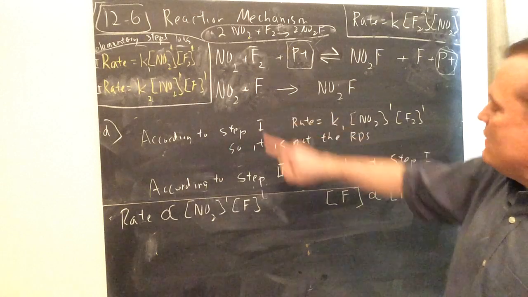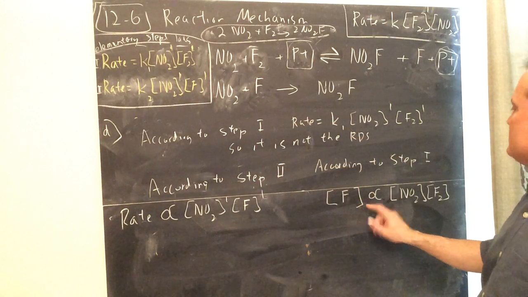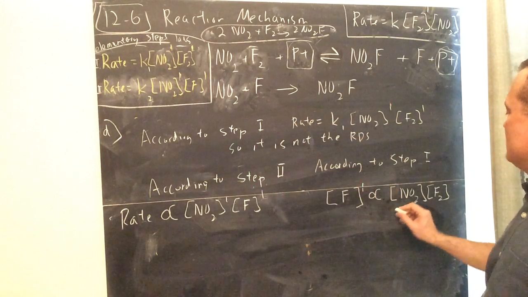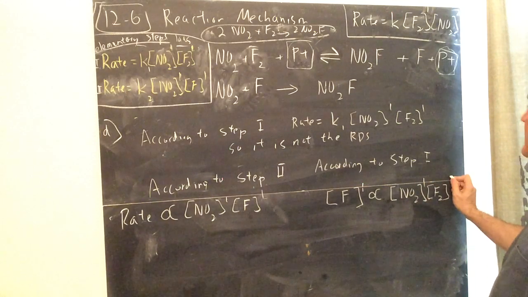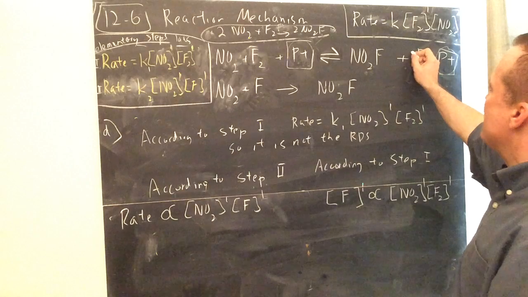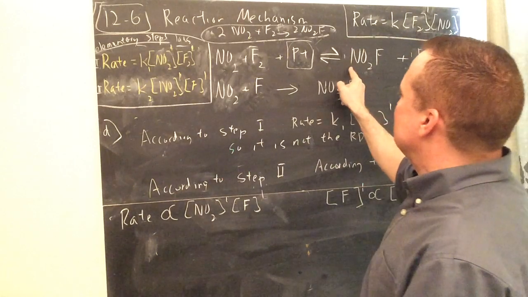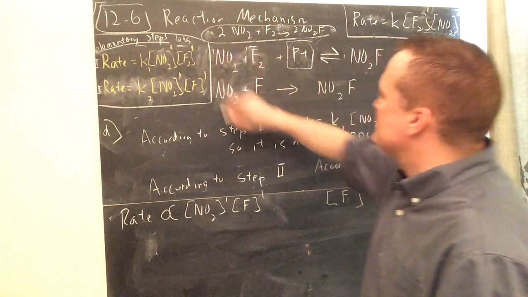Now, what I'm going to do, F to the first power will be NO2 to the first power and F2 to the first power as well. I'm going to use the coefficients there at 1. That one I didn't even talk about. 1 and 1. It wasn't involved.